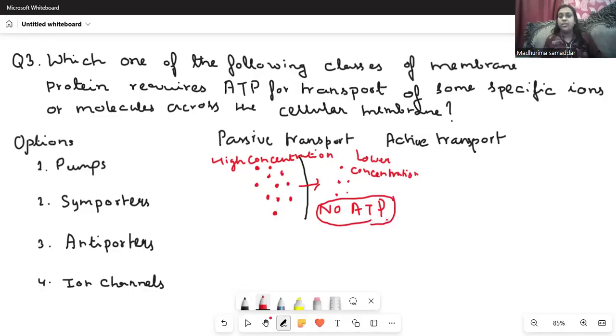Come to active transport. In case of the active transport, when the transport of the molecules or ions is taking place, it is taking place against the concentration gradient. That means it is taking place from lower concentration to higher concentration.